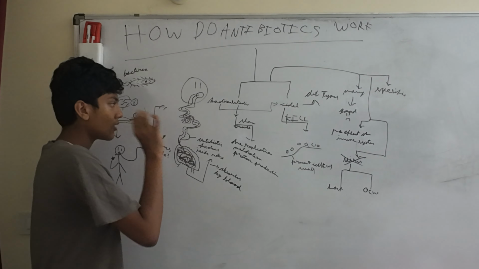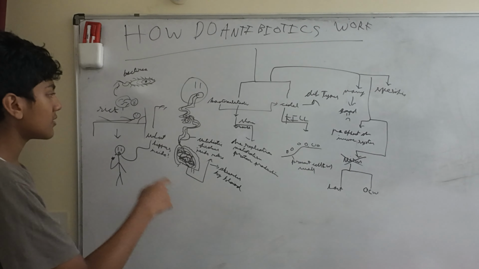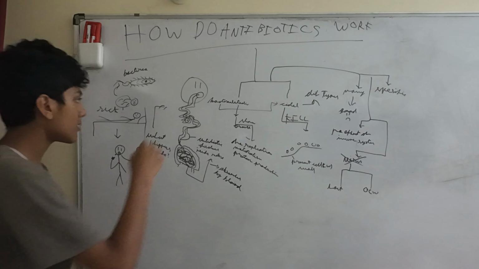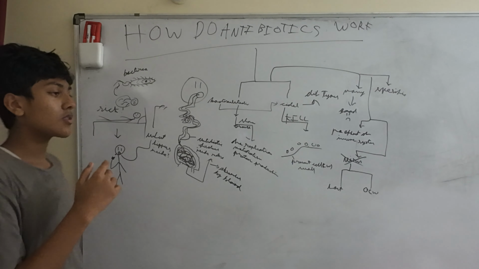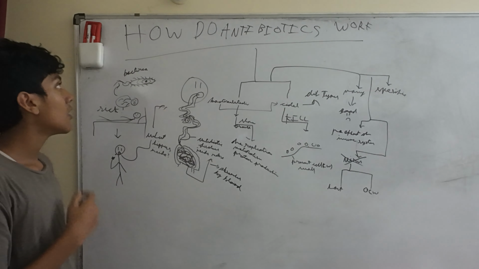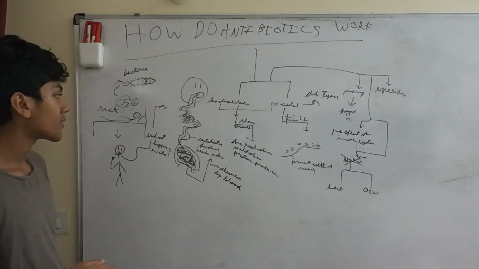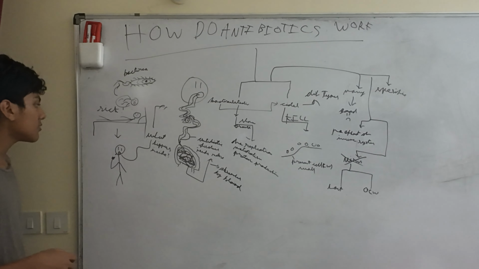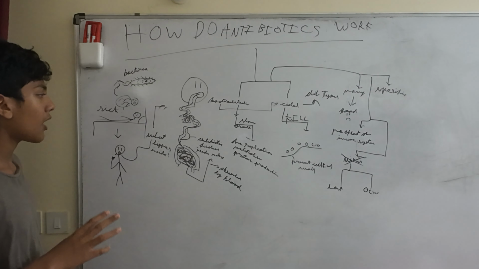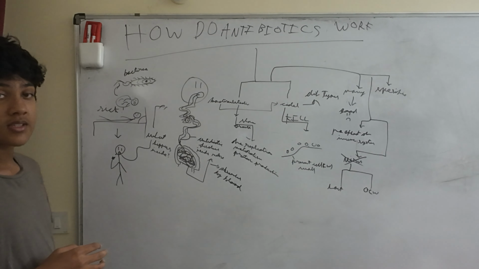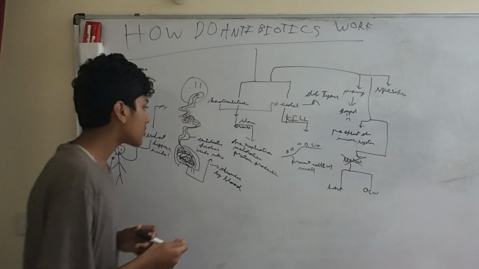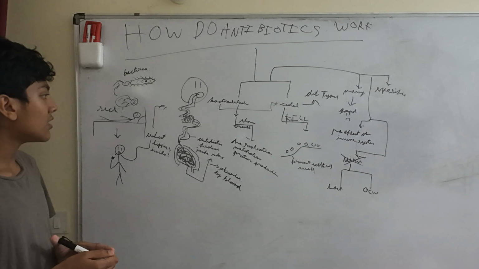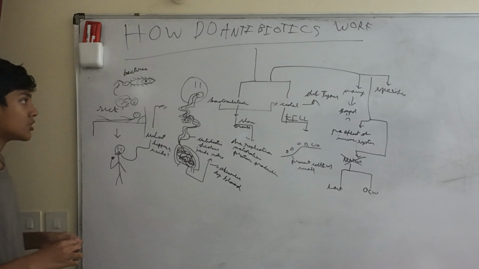Bacteriostatic antibiotics slow the reproduction of the bacteria. They go in and interrupt the process. Some of these processes include interrupting DNA replication, interrupting metabolism, and interrupting protein production.